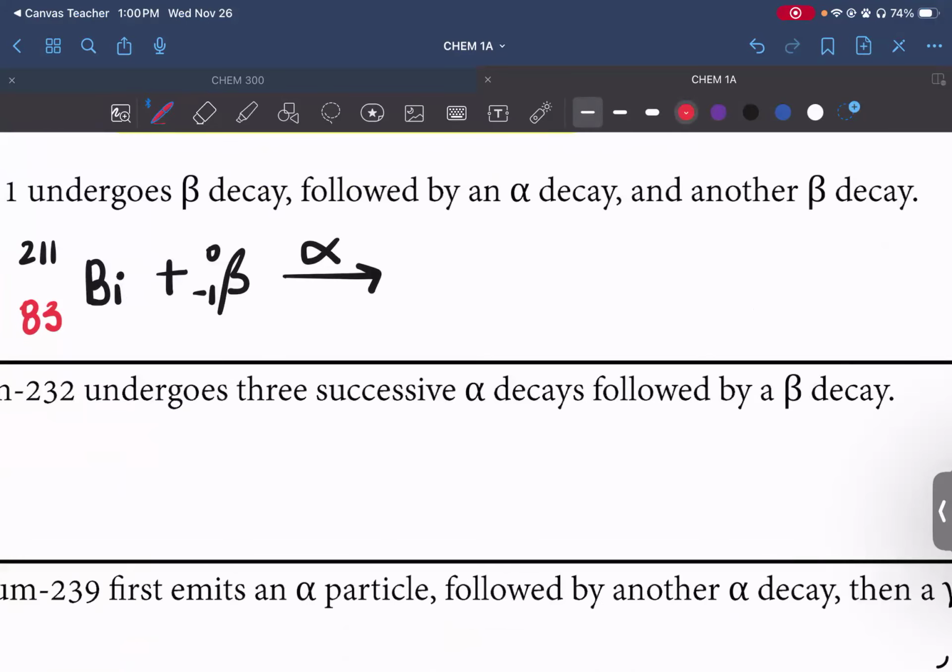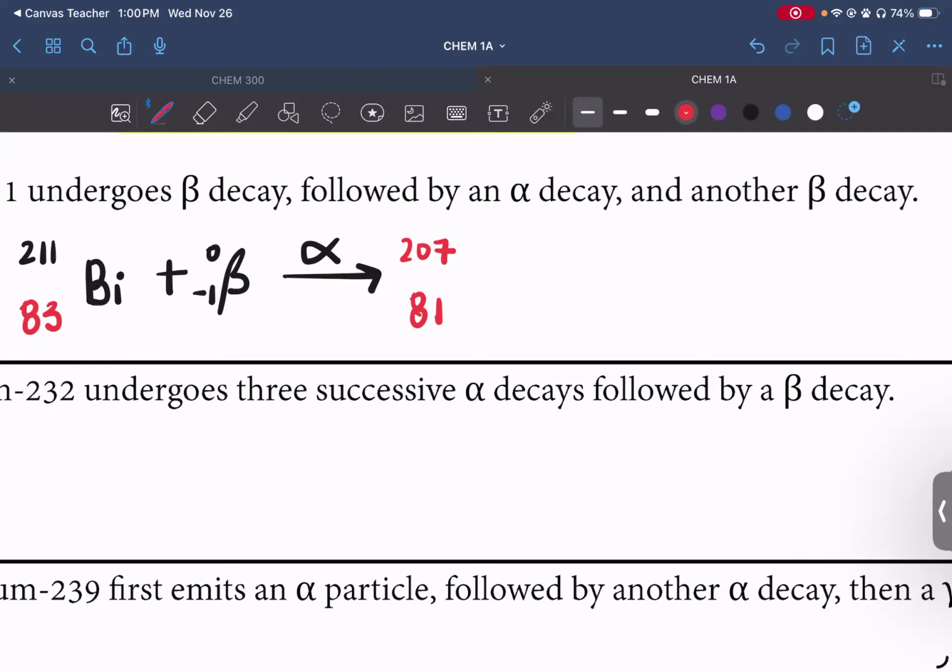Make sure we have that right. Atomic number goes down by 2. That becomes 81. 83 minus 2 is 81. And then the mass goes down by 4. 211 minus 4 is 207.